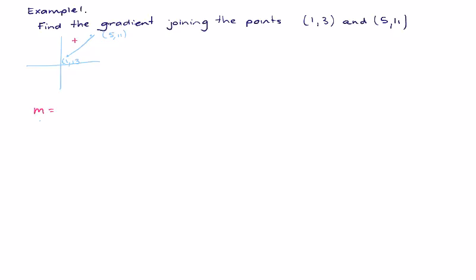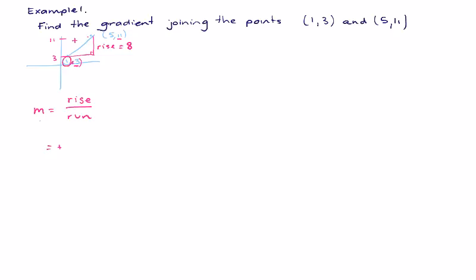If we want to use the formula rise over run, we know that our gradient's positive. We need to create a right-angled triangle with those two points. We find the rise: we go from 3 on the y-axis up to 11, so the distance between 3 and 11 is 8.